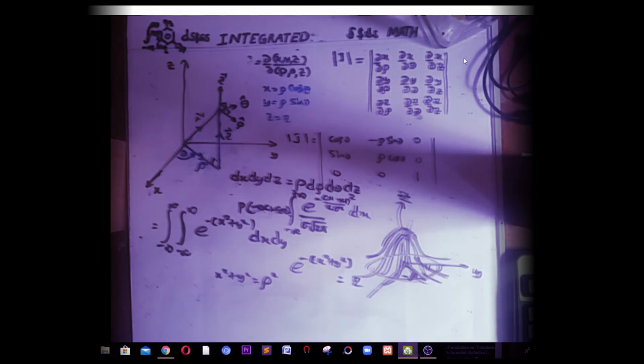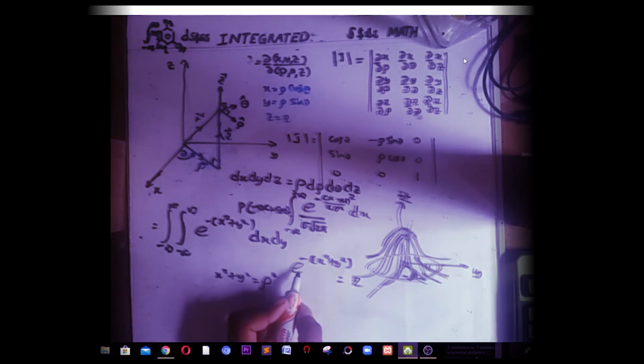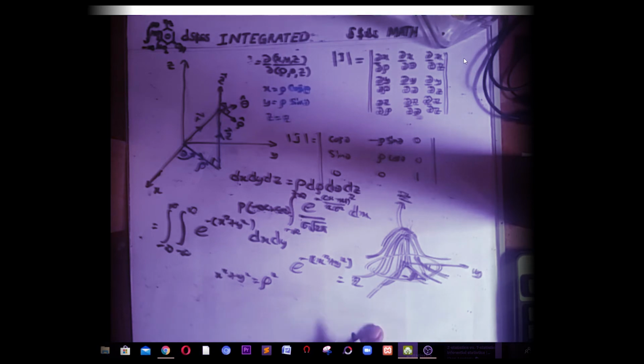Okay, this is the height. I use another color. Here this is z. This can be evaluated by using a triple integral also, but at this moment I'm going to evaluate this using the cylindrical coordinate system, because we were discussing the cylindrical coordinate system at the very first.